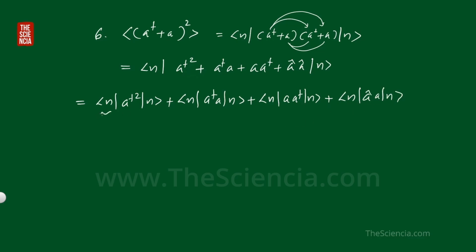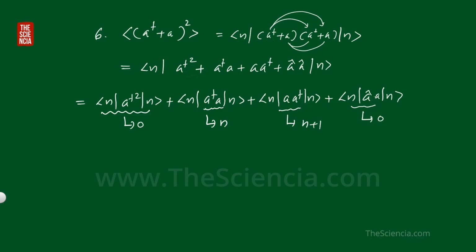Earlier I told you this one will definitely be equal to 0. We already derived the value, right? If a dagger is operating on the same state, then it will be 0. And this one is nothing but our number operator, so you will get the n value. And earlier we derived this one, that is aa† equal to n plus 1. And this one equals 0.